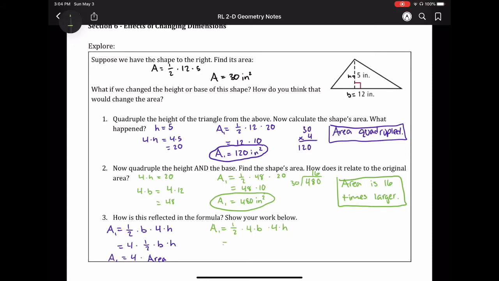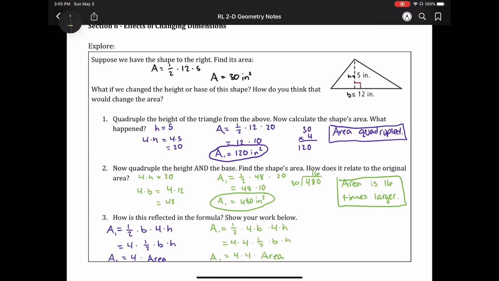So I now have 4 times 4 times 1/2 times the base times the height. So what I have is 4 times 4 times the original area. So my new area is equal to the changes from each side multiplied together, multiplied by my original area.